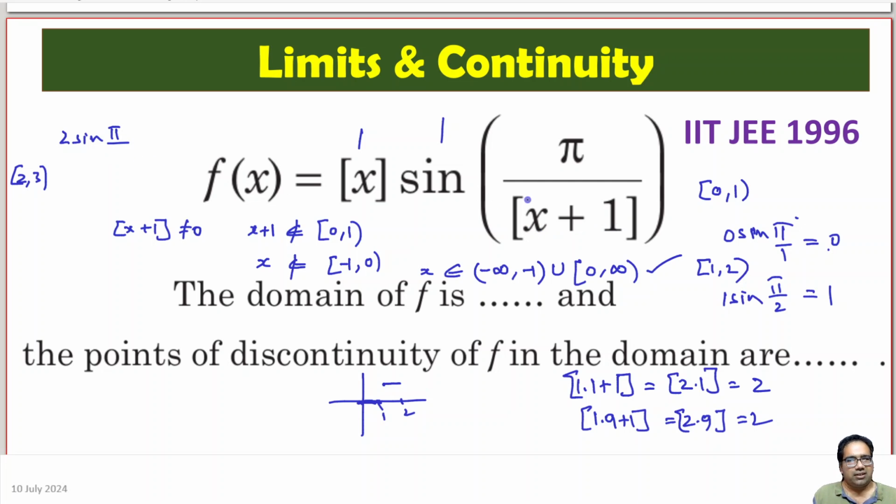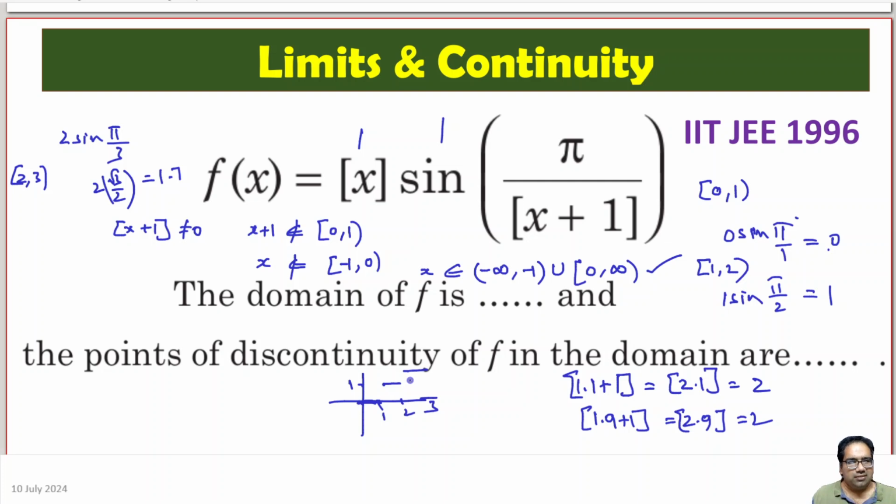So obviously, greatest integer function of this is 3. 2 sine pi by 3. What is sine pi by 3? Sine 60 degrees, that is root 3 by 2. 2 times root 3 by 2 is roughly 1.7. So this is 1, and this is somewhere 1.7, between 2 to 3.